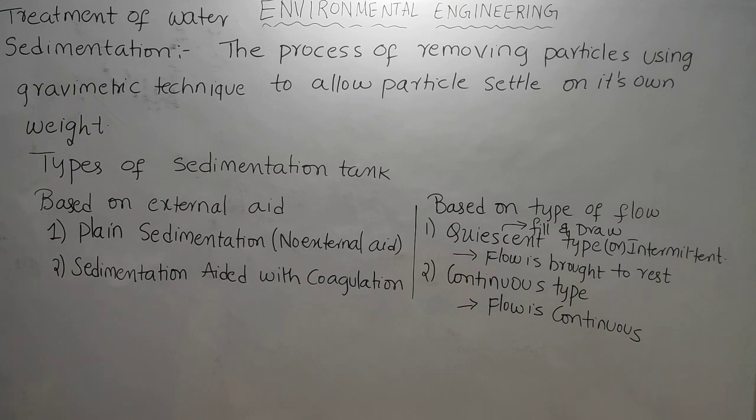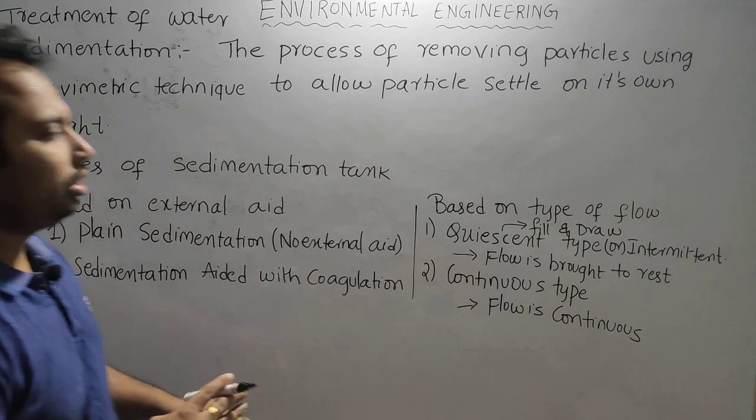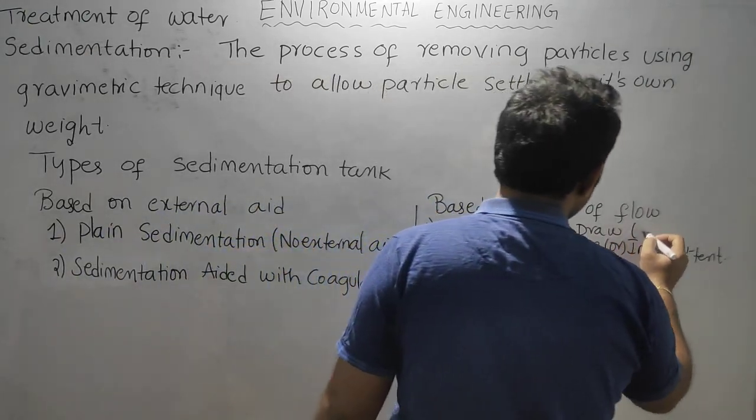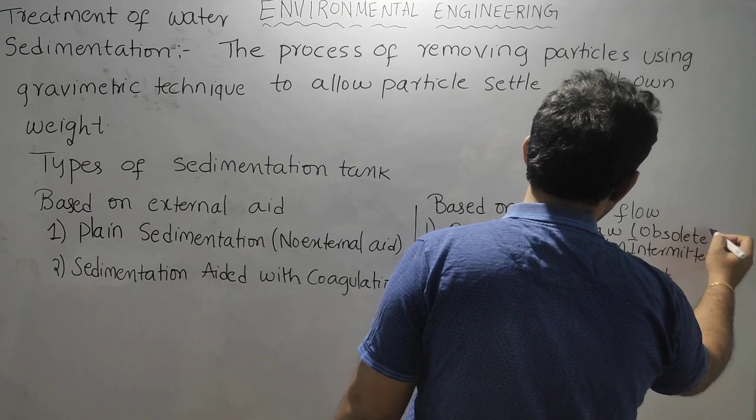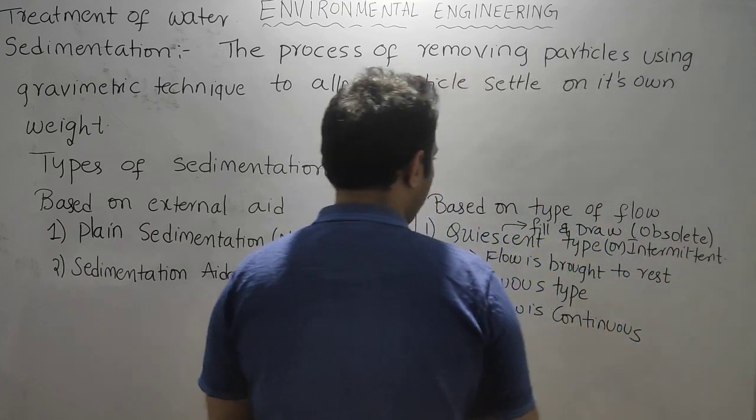Now, next is continuous type of sedimentation tank. Quiescent type is not used these days; it is obsolete. We are using continuous type only.